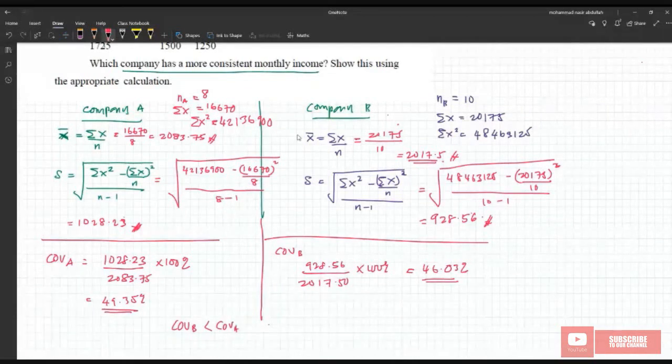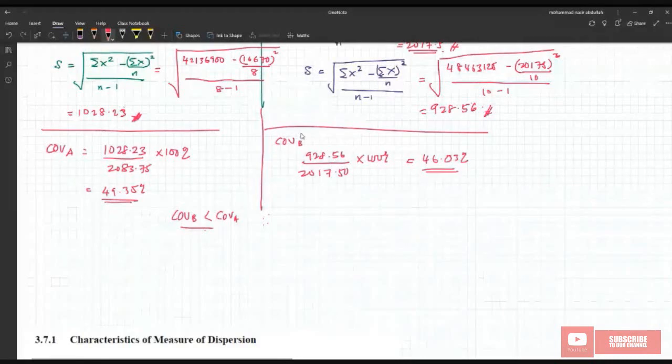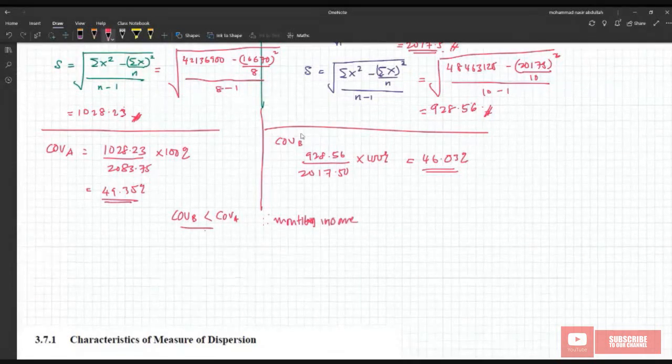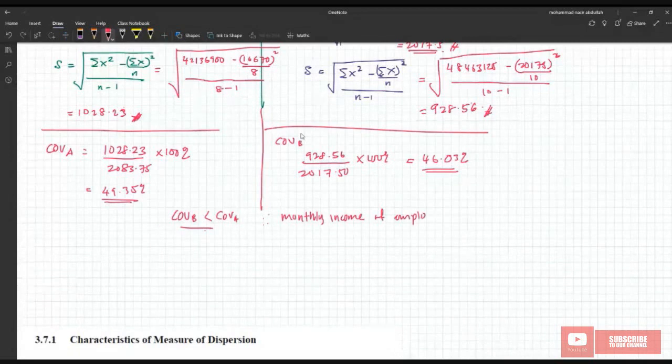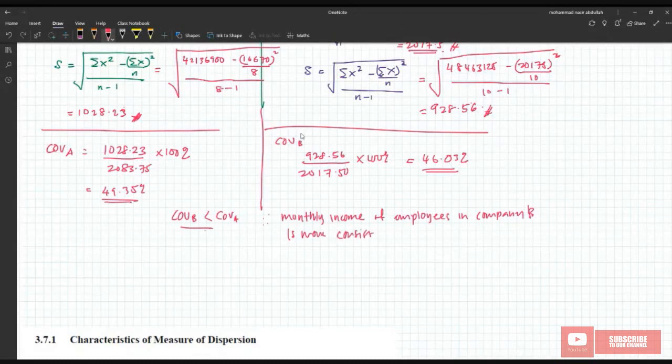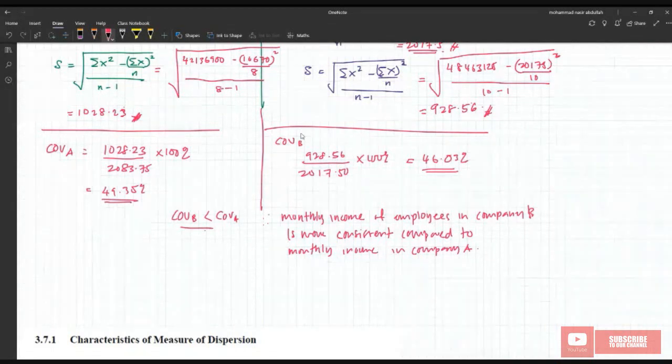So we can say that the coefficient of variation of B is the smallest compared to company A. And we can say that the monthly income of employees in company B is more consistent compared to the monthly income in company A, right?